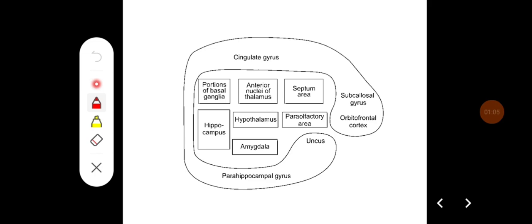These are the cortical areas like orbitofrontal cortex, subcallosal gyrus, cingulate gyrus, parahippocampal gyrus, which form the ring, and some of the subcortical structures like portions of basal ganglia, anterior nucleus of thalamus, septum area, hippocampus, hypothalamus, paraolfactory area, and amygdala form subcortical structures.